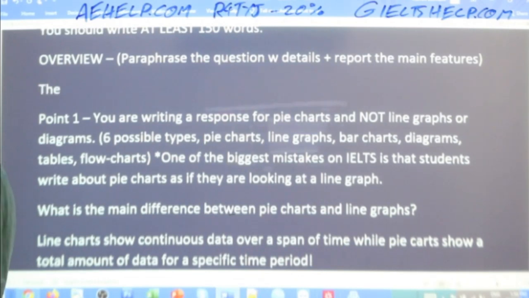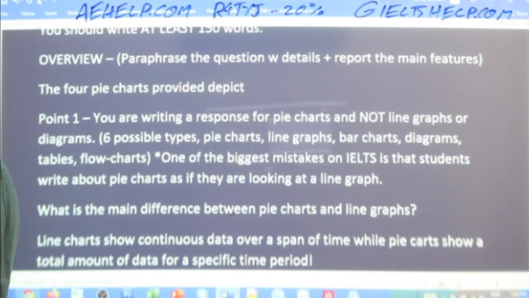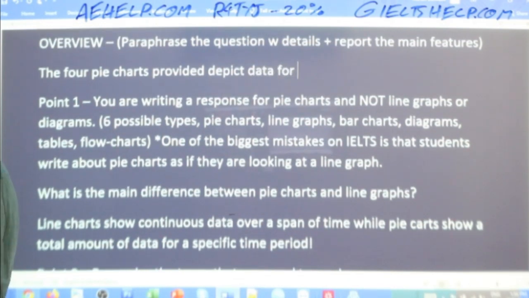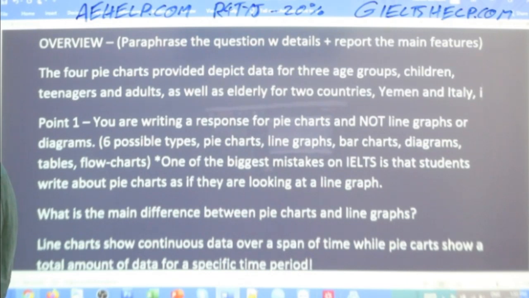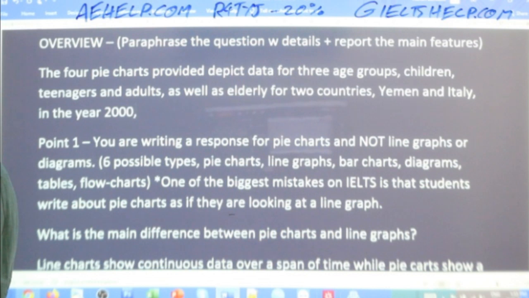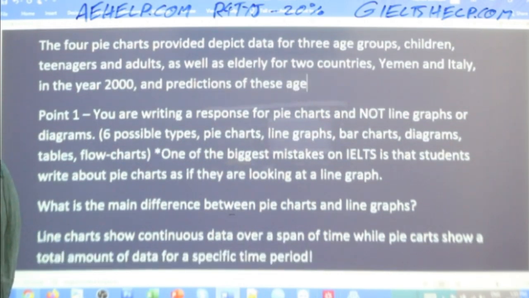So the 4 pie charts provided depict data for 3 age groups: children, teenagers, and adults, as well as elderly, for 2 countries, Yemen and Italy, in the year 2000, and predictions of these age proportions in 2050.